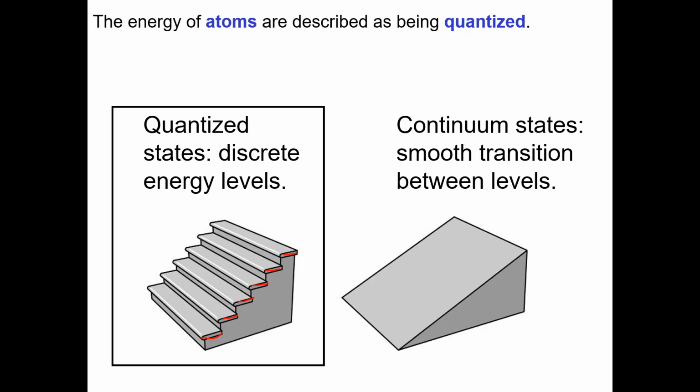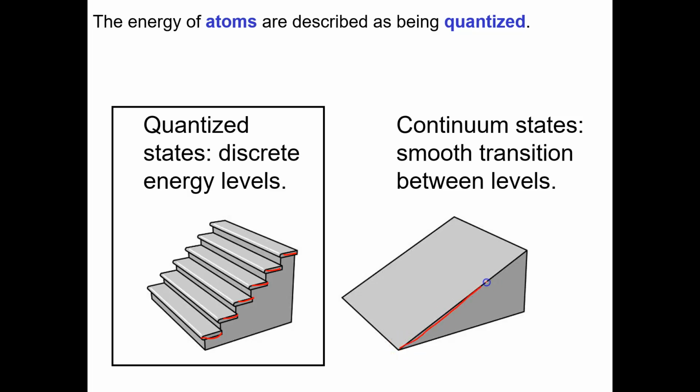So this is kind of like when you are climbing stairs, you are only stable at certain specific heights when you are standing on a stair. Okay, so your height is quantized when you are climbing a flight of stairs.